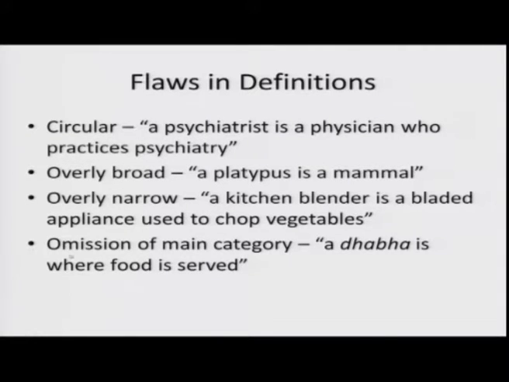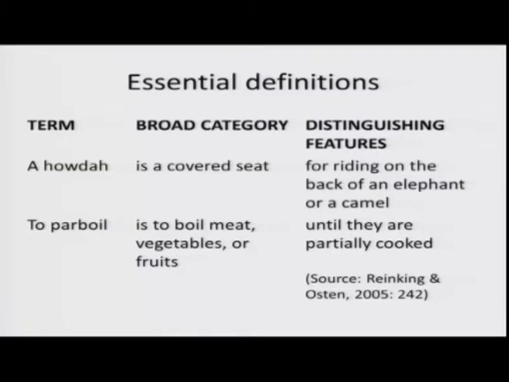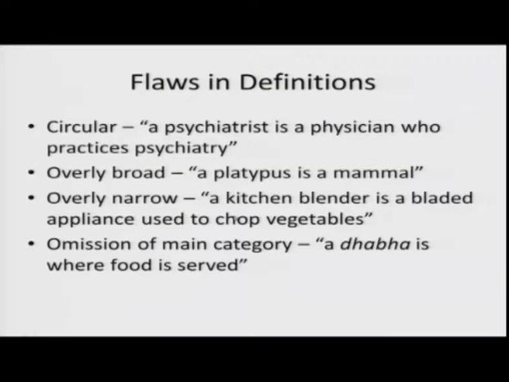Then another problem could be that you leave out the main category. If you recall, we noted that you need to place the given term under a specific broad category, but if you do not do it, then the definition is incomplete. Say, here is an example.